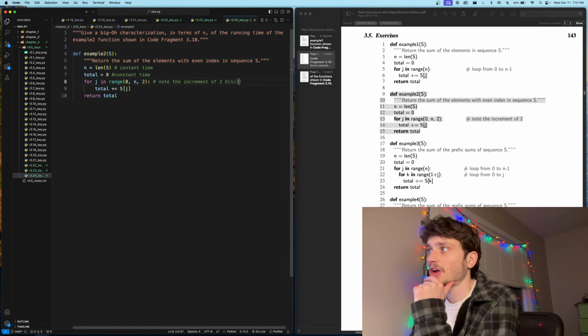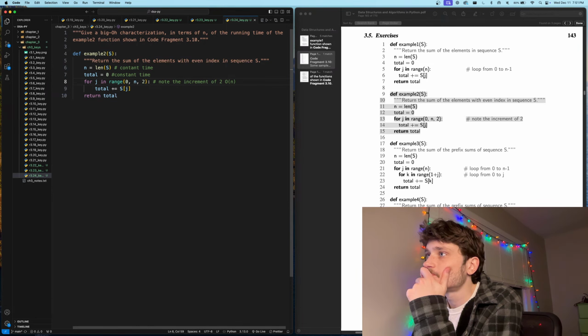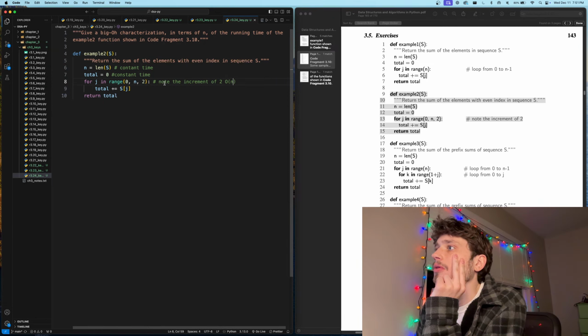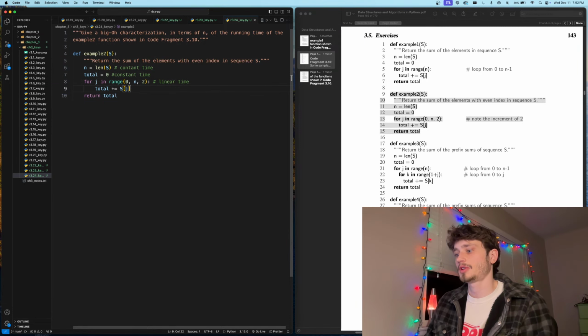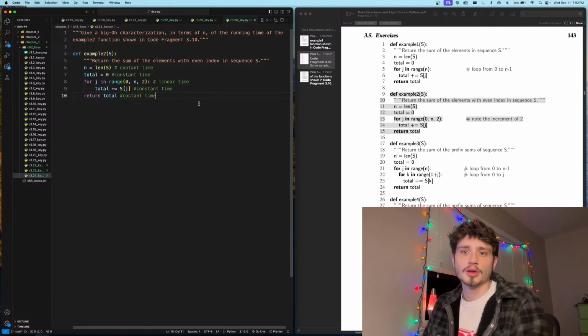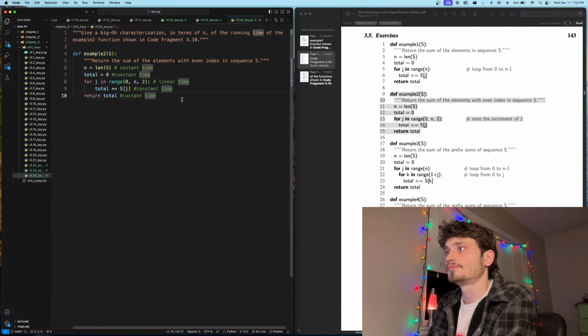I think it's just linear, O of n divided by 2, which would be just O of n. So this is linear time, and this is constant time, and then this is also constant time. Anybody have any disagreements? This would still be linear time, it would just be n divided by 2, right?